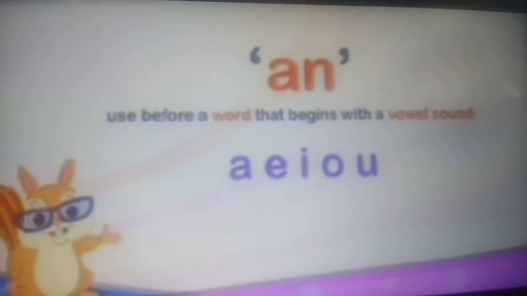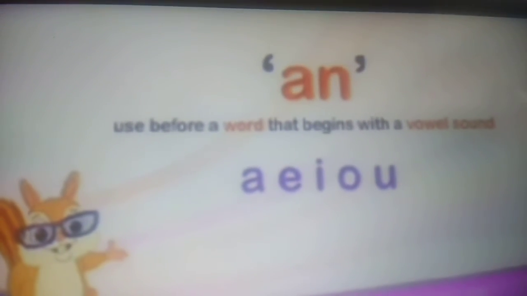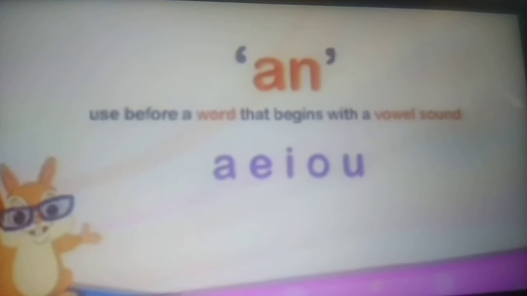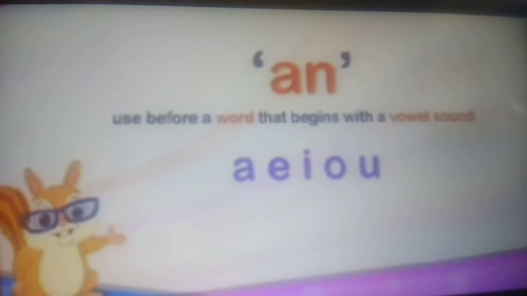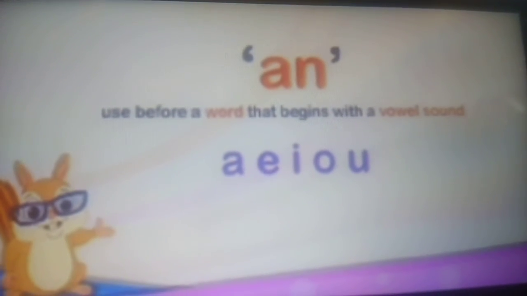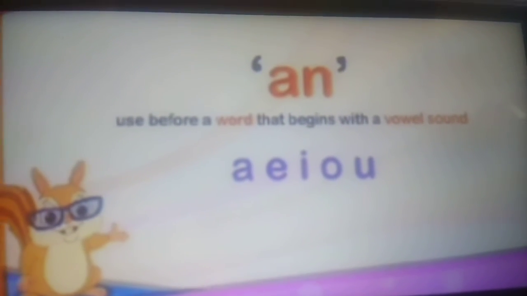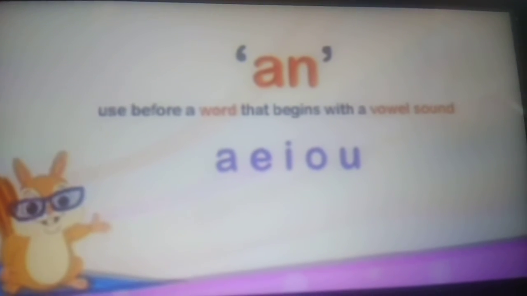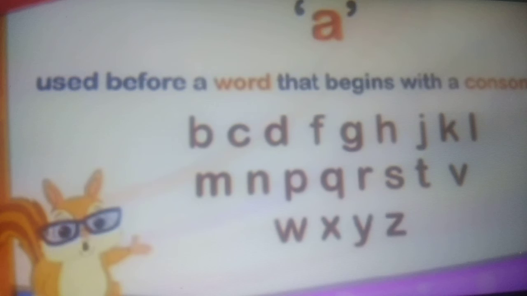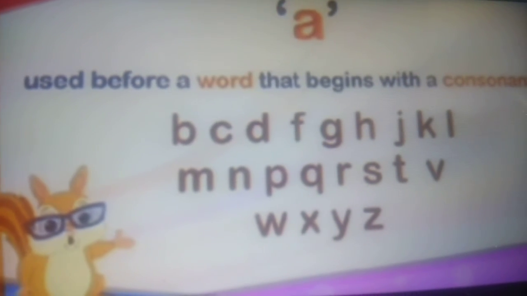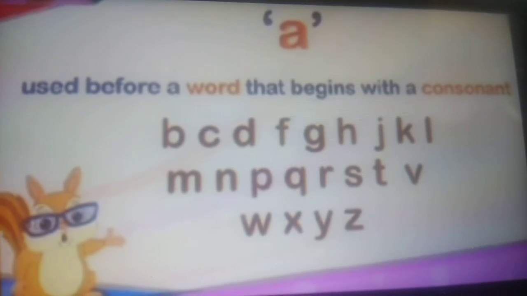An is used before a word that begins with a vowel sound. A, E, I, O, U are vowels. A is used before a word that begins with a consonant sound.